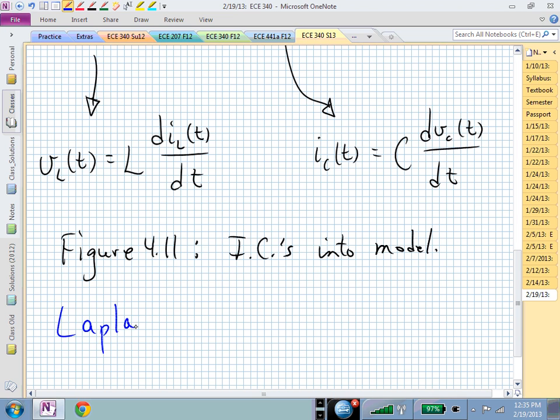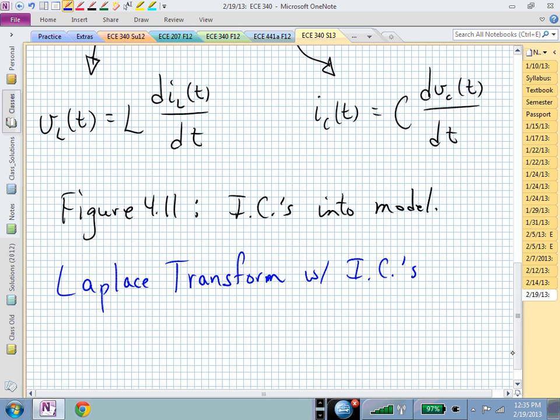Let's Laplace transform that governing differential equation. And let's go ahead and incorporate or keep track of the initial conditions. Meaning if we now have this relationship, what's the Laplace transform of that equation look like?